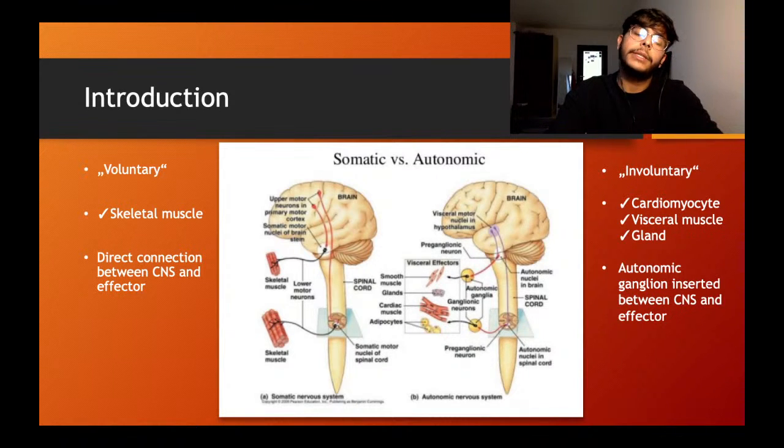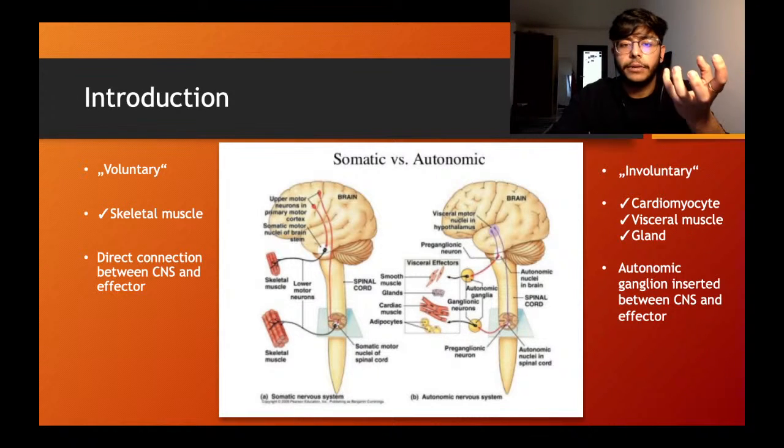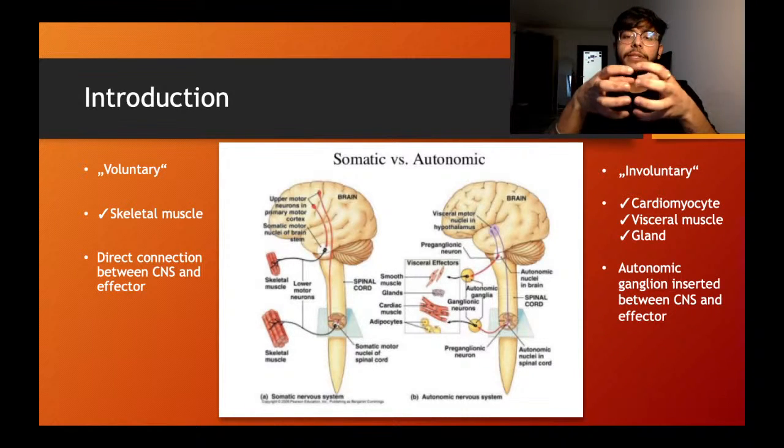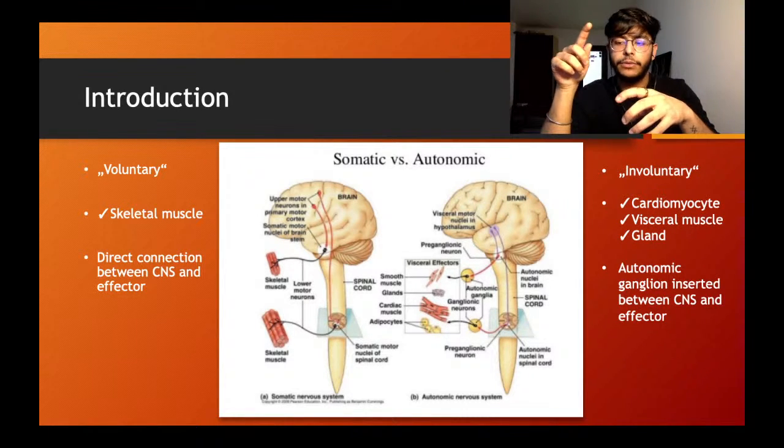Now, one difference between the somatic and autonomic systems is that the autonomic system has ganglia between the CNS and the actual effector. These ganglia are basically accumulations of cell bodies where they have to relay.